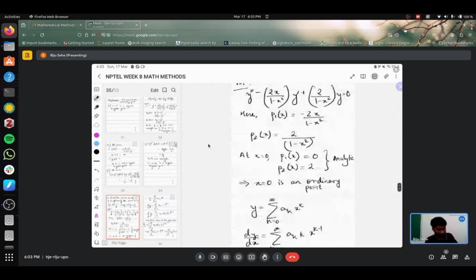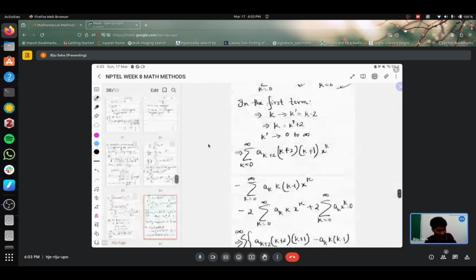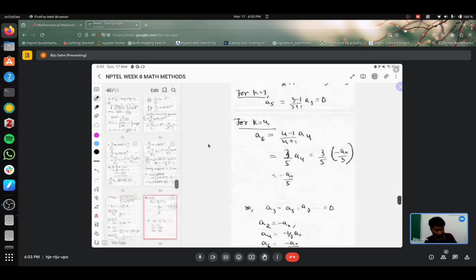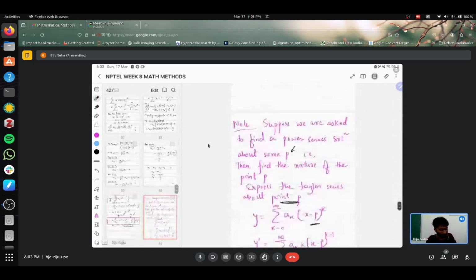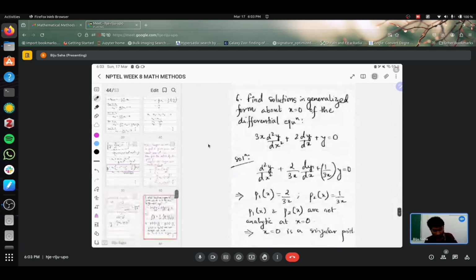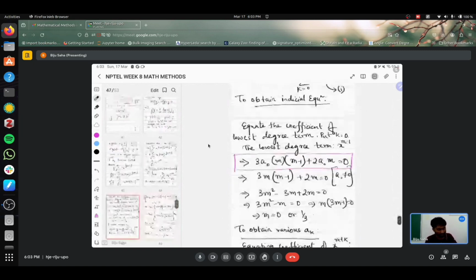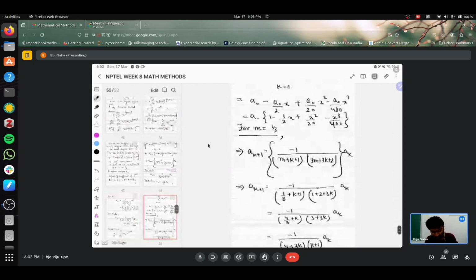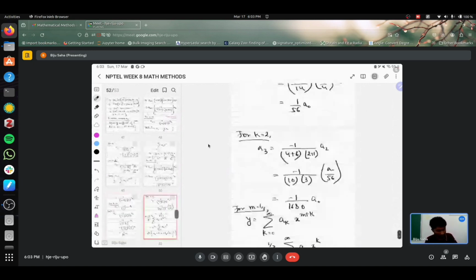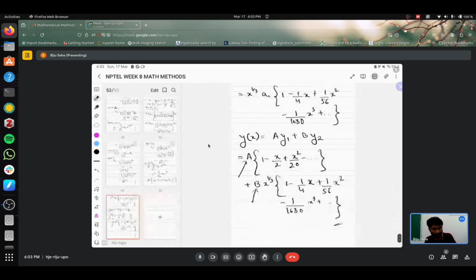We got the solution using the power series method. Next we considered a point which is not an ordinary point but a regular singular point, so we used the Frobenius method in that case to obtain the total solution. So this is what the total solution is.